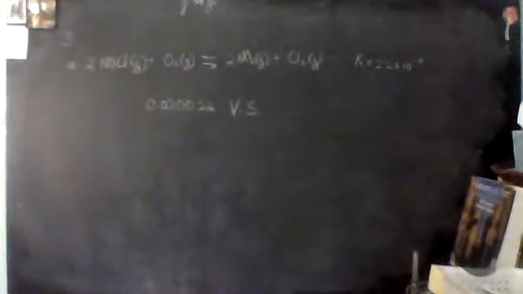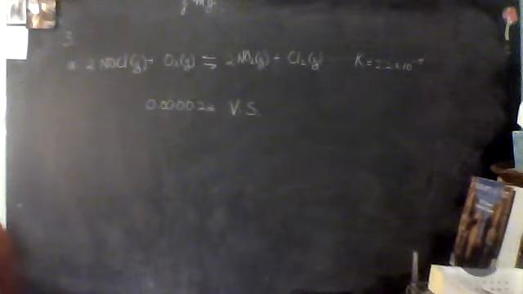What does it say on page 498 about K being very small? It's weighted toward the reactants side. So the arrow gets pointed that way, with a single arrow.